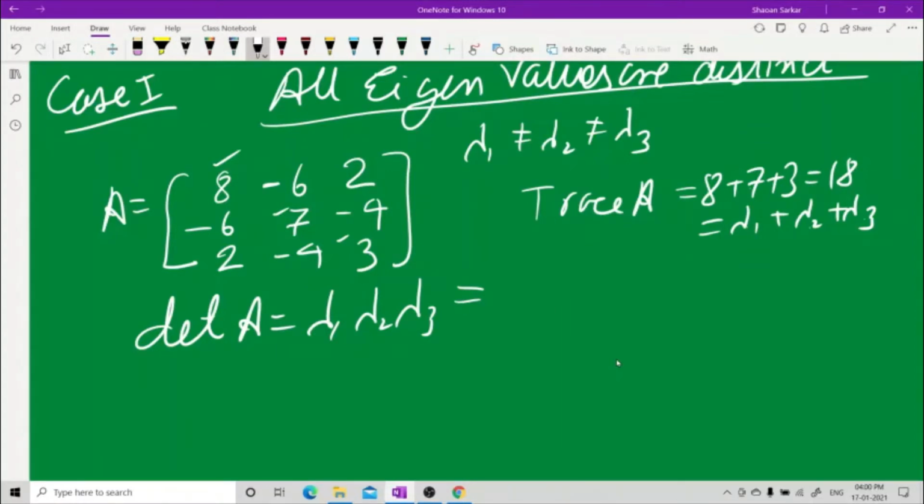Let me rub these. 8, and then 7 3s are 21 minus 16 plus 6. Now you have 3 6s are minus 18 plus 8.